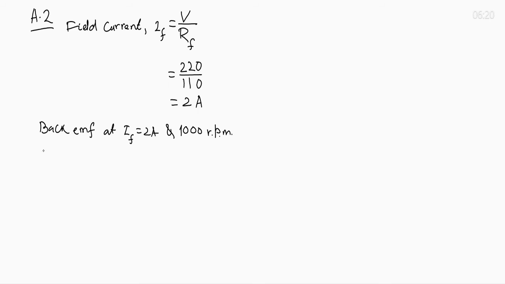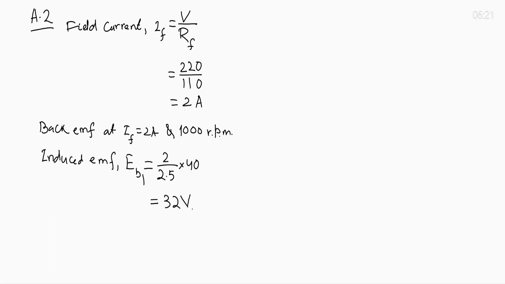Induced EMF EB1 at 2 ampere is given by 2 by 2.5 into 40 volt, because at 2.5 ampere EMF is 40 volt, and that is 32 volt.